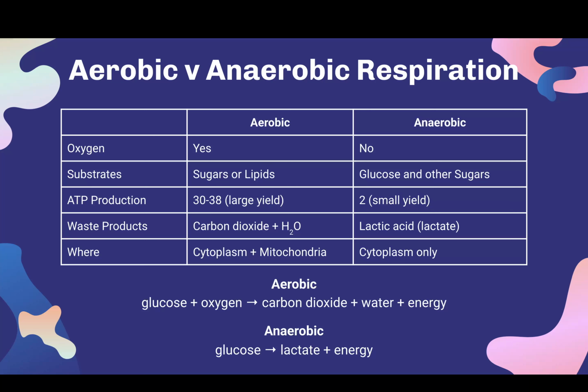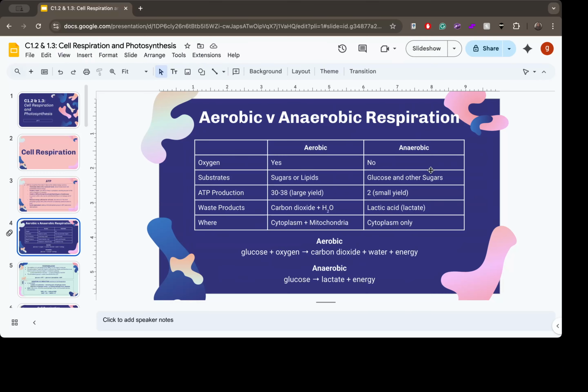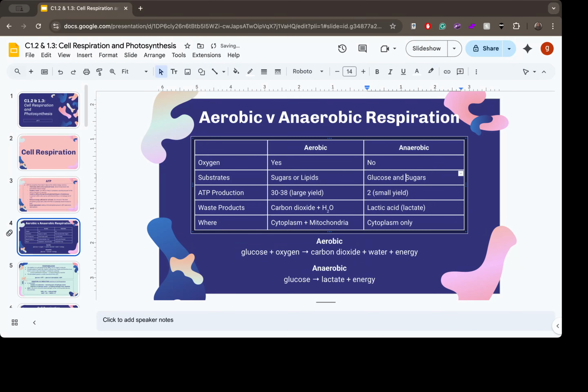Can aerobic respiration break down sugars and glucose, and then anaerobic is sugars and only lipids? It's the other way around. So aerobic can, okay, I think the way I've phrased this is really wrong. Does that make it clearer?